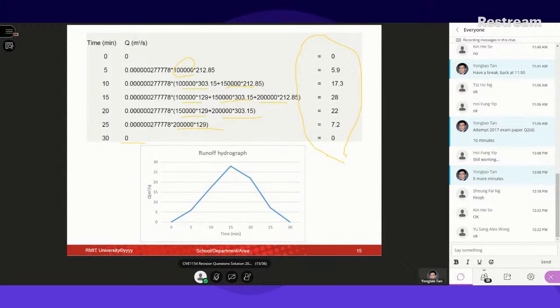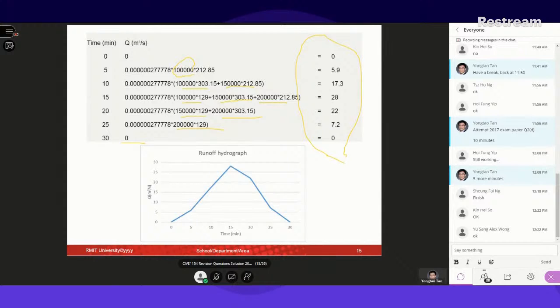So you can get this runoff hydrograph. This question is different from question 4 and question 5 I just showed you, because the rainfall intensity is not given directly. You need to use the IDF table to find the intensity for 15 minutes, then use the distributions to get the rainfall for each time interval, and then get the intensity for each time interval.